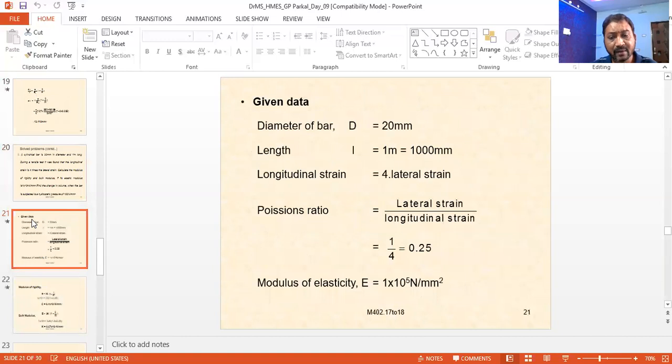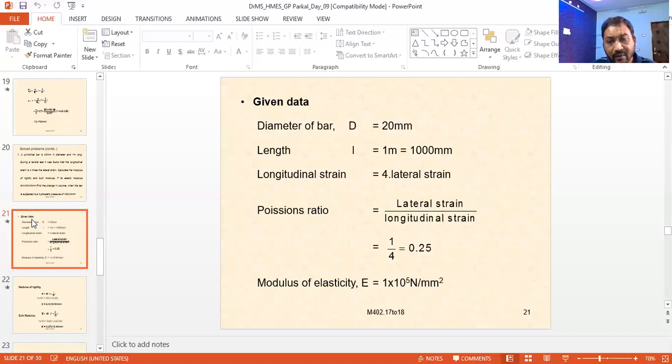Now coming to the solution, first we note down the given data. The diameter of the bar D is equal to 20 millimeters. The length L is equal to 1 meter, nothing but 1000 millimeters. The longitudinal strain is given as 4 times that of the lateral strain.